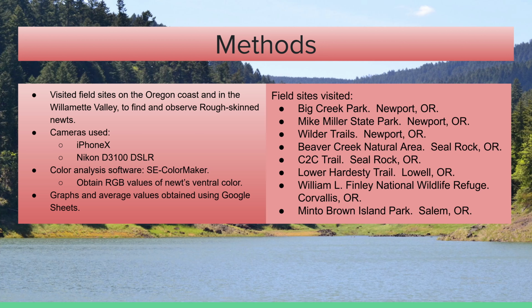And so I use this to get red, green, blue values of the newt's ventral coloring, and I tried to use a spot just below the margin of the dorsal coloring and the ventral coloring on either the torso or the tail. And then I created graphs and entered data using Google Sheets.